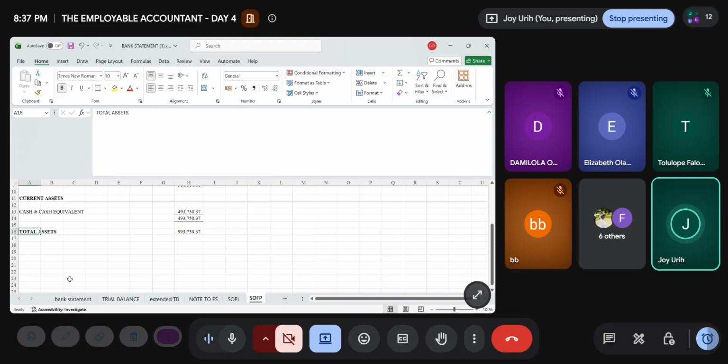Remember the accounting equation that your assets must be equal to your equity plus liabilities. So that's the same thing that's applicable. So these are total assets. So our total equity plus liabilities must give us this. So we can now put the closing accounting sign here to show that we are done with the total assets side.